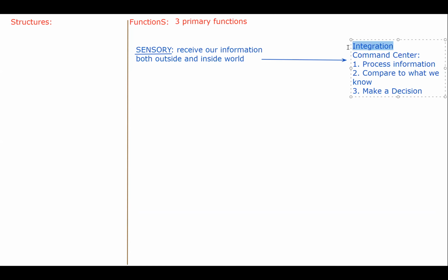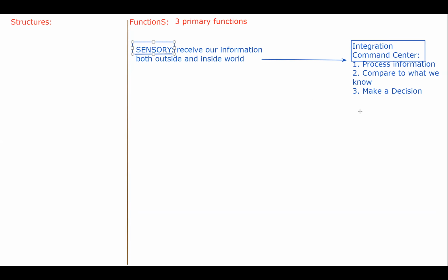And this is our command center place. So let's emphasize this with a box. I'm going to put a box around sensory as well. Where we process this information, compare it to what we know, and make decisions based on this information.